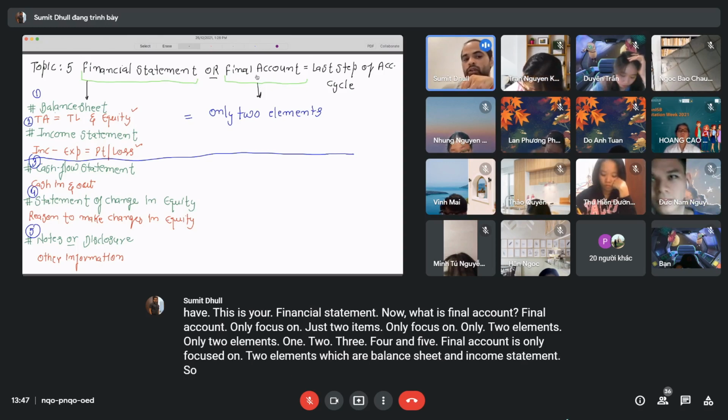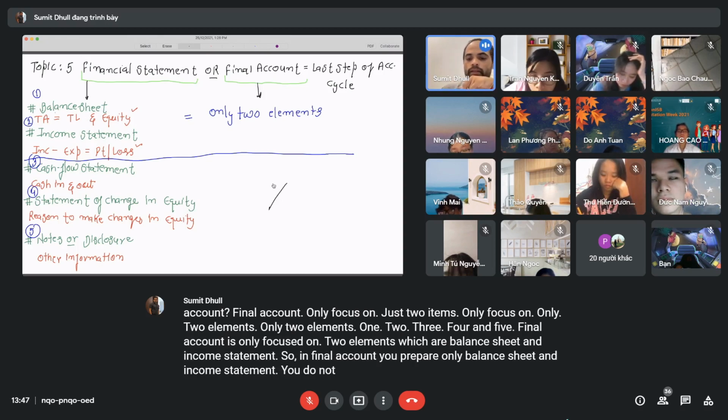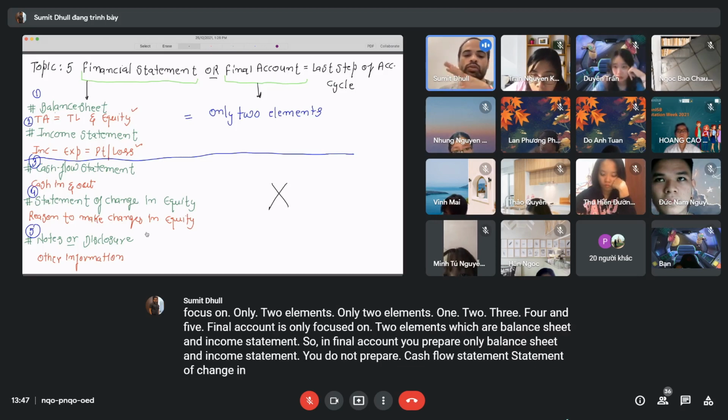So in final account, you prepare only balance sheet and income statement. You do not prepare cash flow statement, statement of change in equity, notes, or disclosure.